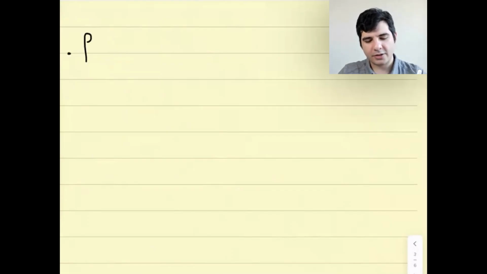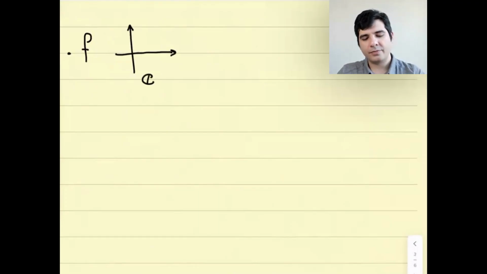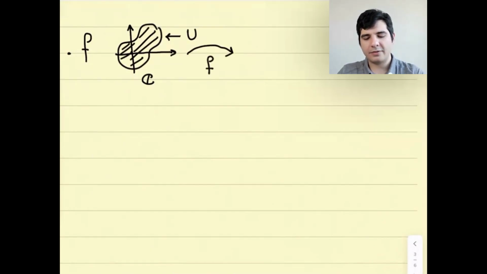So we have the function f. The domain is either the set of complex numbers, C, or some subset of C. So let's say this U, this region, is our domain within C. And our function f has target also C, right?